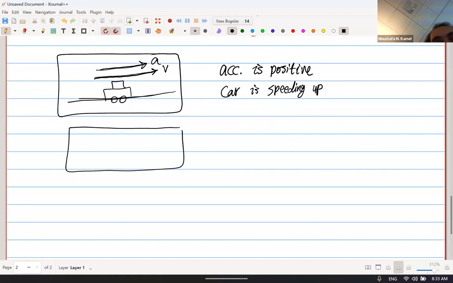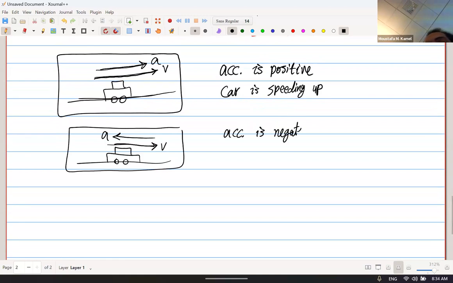And in the other case, we can have the same car moving this way, but acceleration is this way. So here acceleration is negative, and the car is slowing down, or we say it's decelerating.